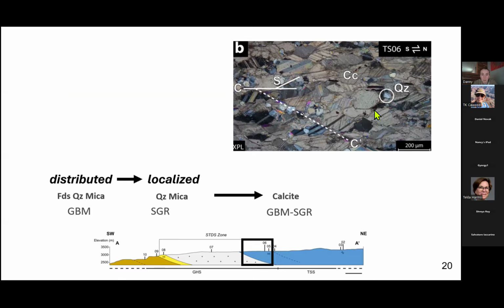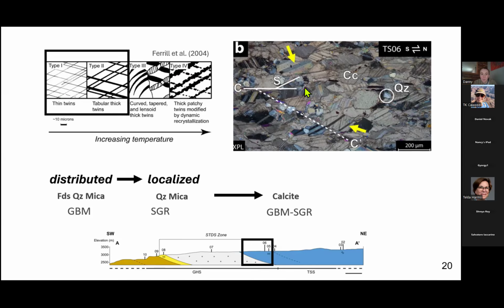All of these recrystallized grains are then overprinted by these tabular twins, and because they are overprinting these dynamically recrystallized grains, we interpret them to have occurred after the dynamic recrystallization.